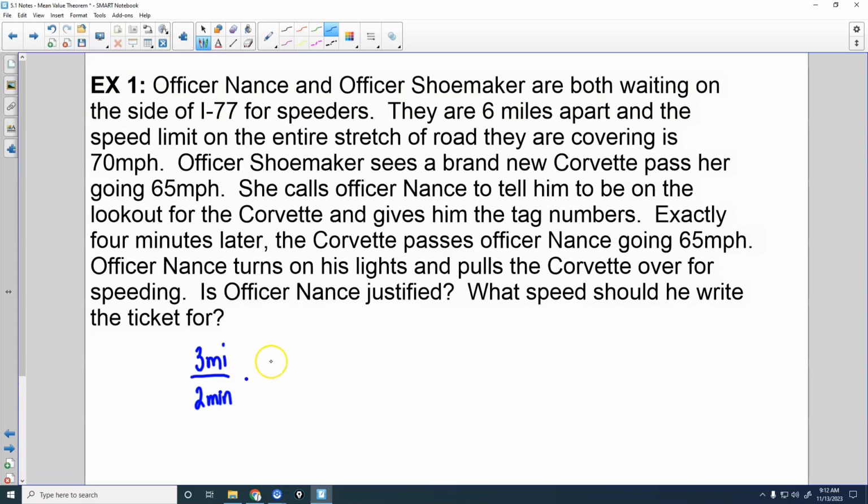Okay, so you multiply it by 60 minutes, 1 hour, essentially what you're doing if you're doing stoichiometry. And then 3 halves times 60, you're going to get 180 miles divided by 2 hours, which is 90 miles per hour. You could do the same thing with 6 miles over 4 minutes as well.